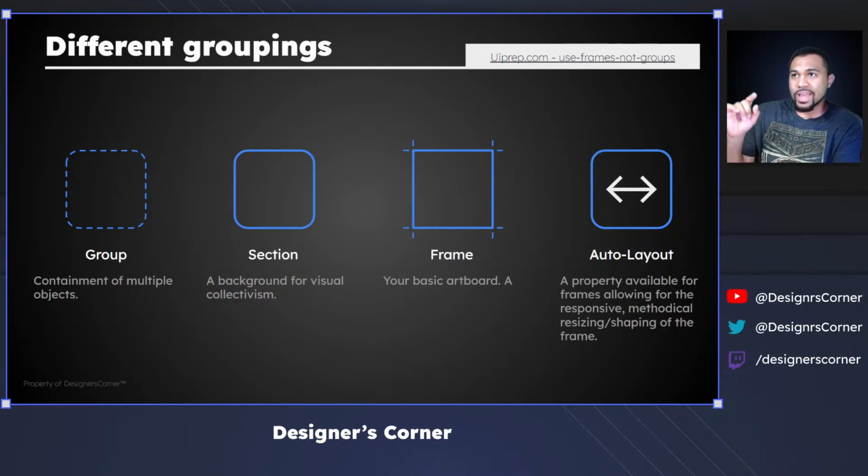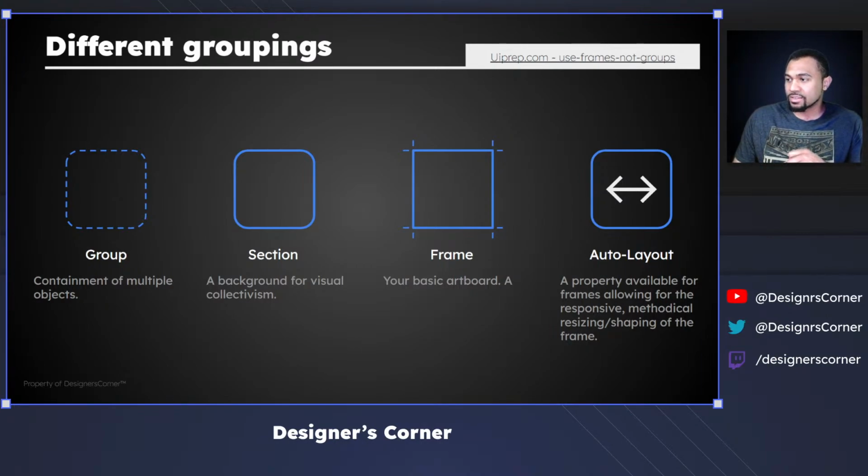Now, auto layout itself isn't actually an object or a means of grouping like that. Everything else you can use as the container to group things. Auto layout is a property that we can add to a frame in order to enhance its abilities, and it will help us create more dynamic and more reusable content later down the line.